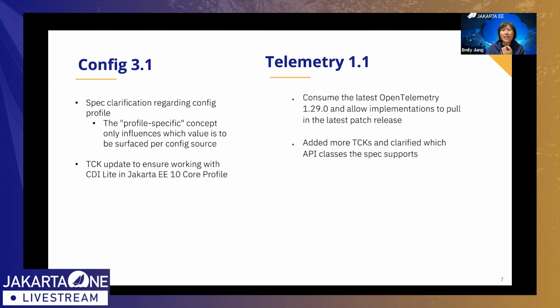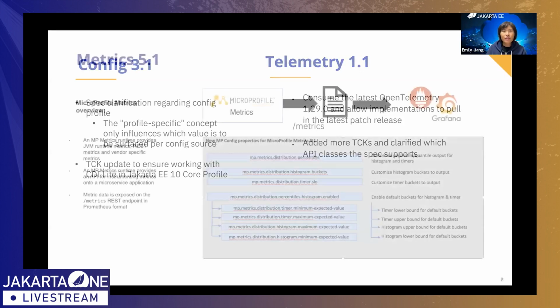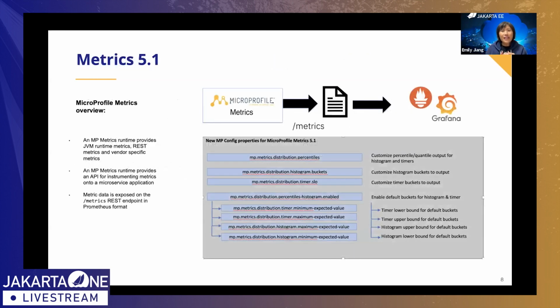Telemetry is also a minor change. It consumes the latest OpenTelemetry 1.29. It also has added some more TCKs and clarified in the spec which API classes this spec endorses. Metrics again has a minor update that did not change any API.